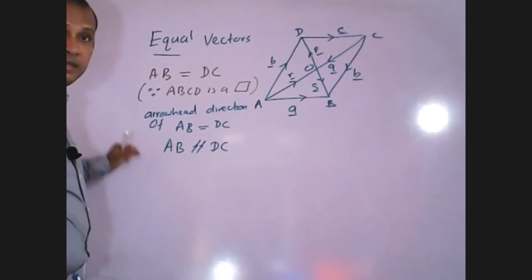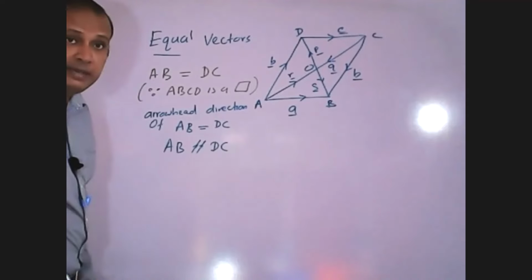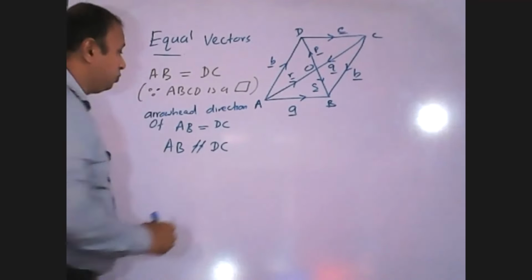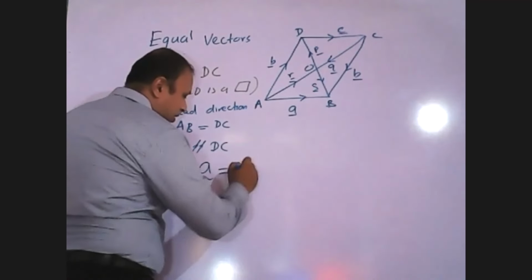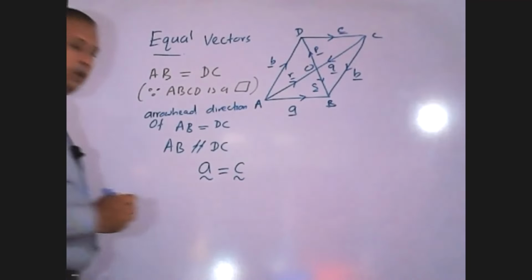All of these features are in the A and C vectors. Therefore, A and C vectors should be equal. A vector and C vector are equal vectors.